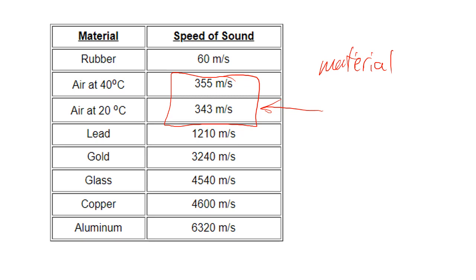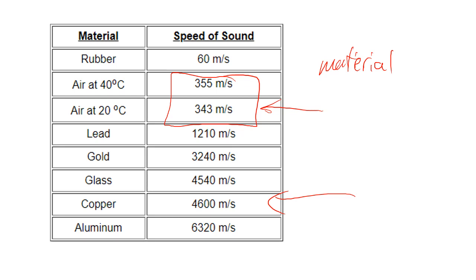But if you were listening for a train and you put your ear on the rail, you'd hear it coming much faster. I know it's not copper, but it's the closest thing on there. It's coming at thousands of meters per second. So you'll be able to hear the train through the metal of the rail before you'd be able to hear the train through the air, because the sound can travel way, way faster.